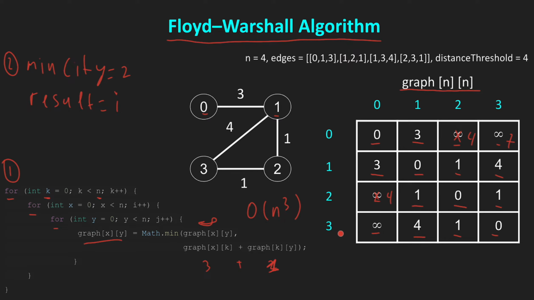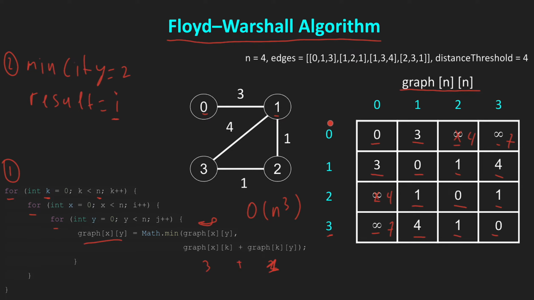For the 3, we have 2 CDs. For the 0, it's 7 again. Going from 0 to 3, it's 7. So we have only 2 CDs, which is less than or equal to 2, right? So in this case, again, we are setting our result to i, we are setting it to 3, and we are returning that, because we need to return the greatest value if we have 2 CDs with the same number of connections.